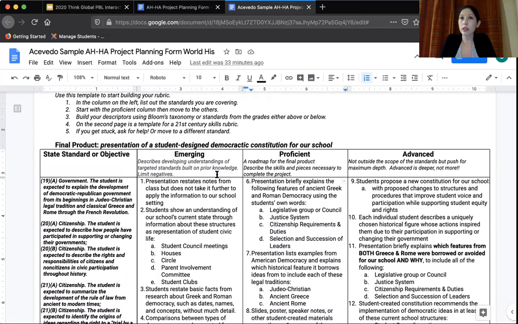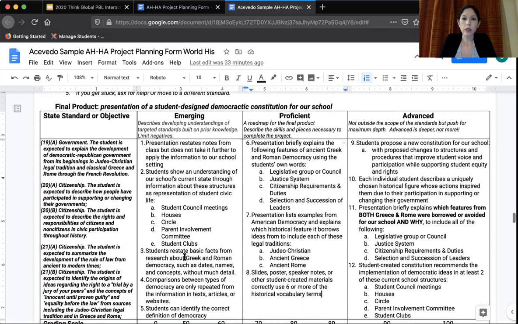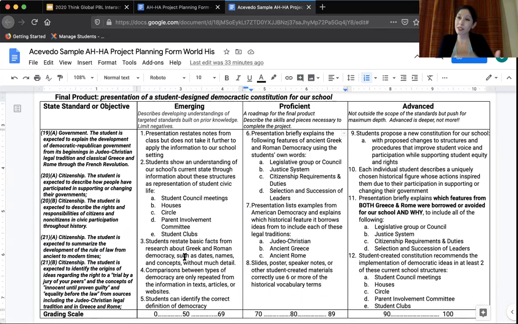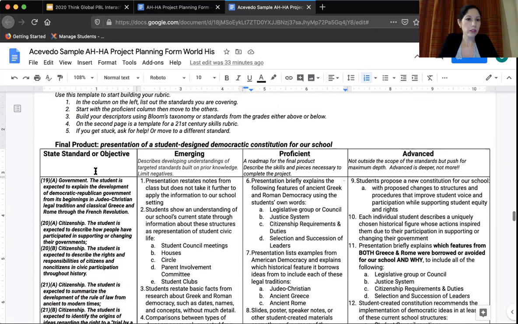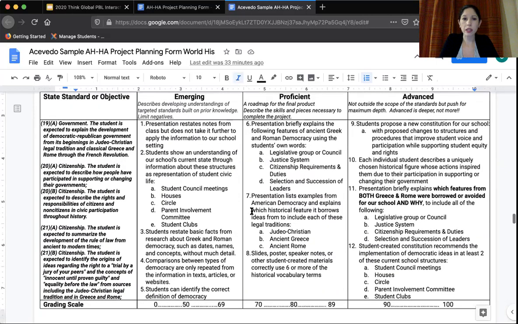And those are the things that I want to be able to put under emerging, where a struggling learner or someone who's just scratching the surface might be at before they actually reach the level of a standard. Okay, so that's where we're going to build our descriptors using Bloom's taxonomy or standards from grades either below or above. And that's going to give us some of the language for emerging and for advanced.